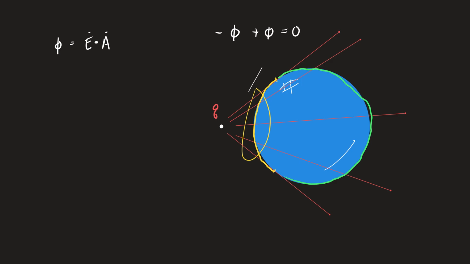Now, the reason why I'm concentrating so much on these closed surfaces is because of what Gauss's law says. And here's where I really need to bring something together. Gauss's law is about flux. And I have to be very clear about this.